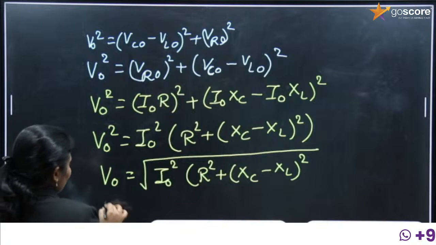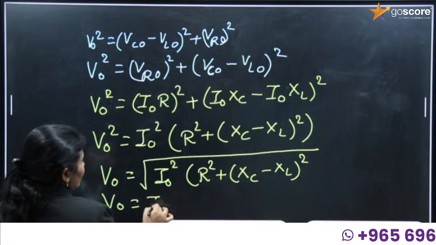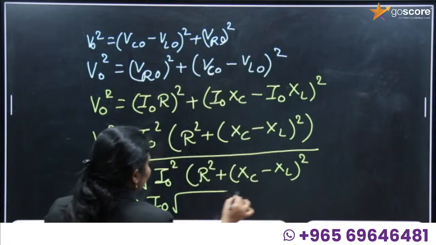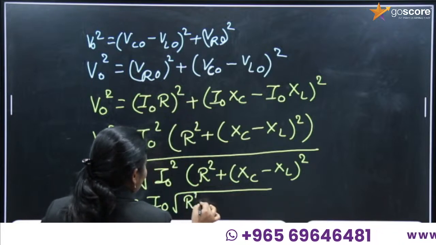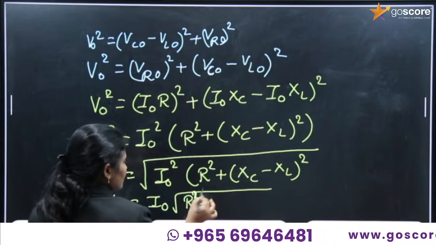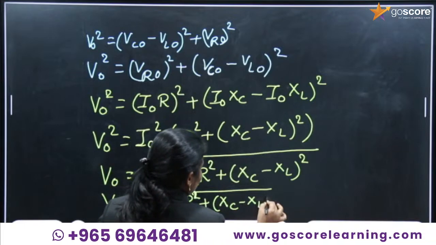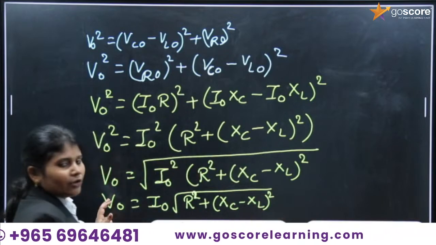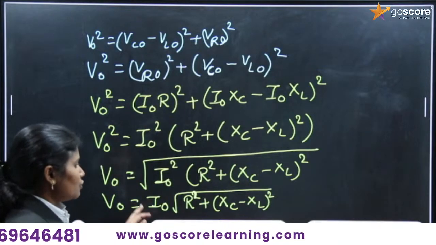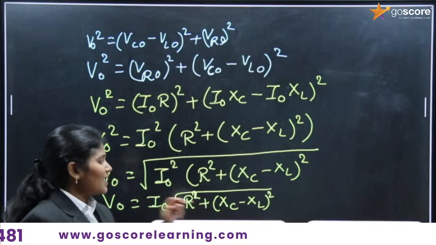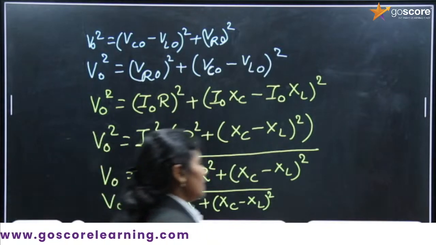Then the final equation: V naught is equal to I naught into root of R square plus XC minus XL whole square.